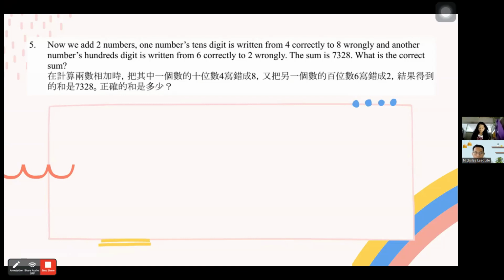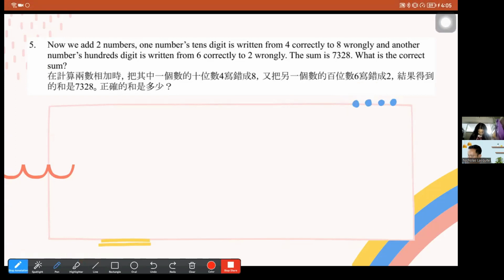From the given, the tens digit is written from 4 correctly to 8. What does that mean? So we have two numbers. We have number A and number B, right?